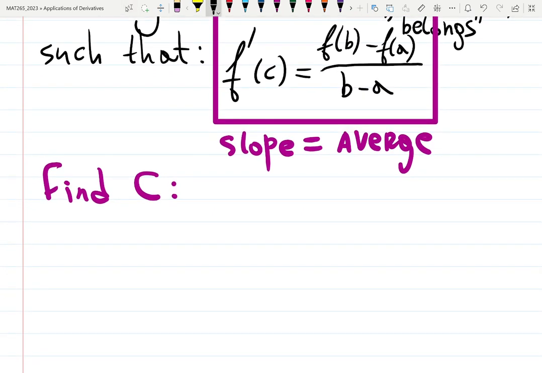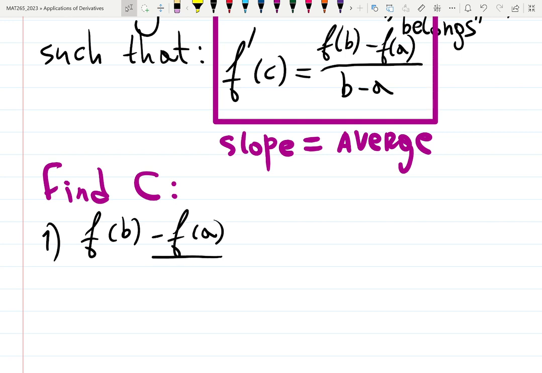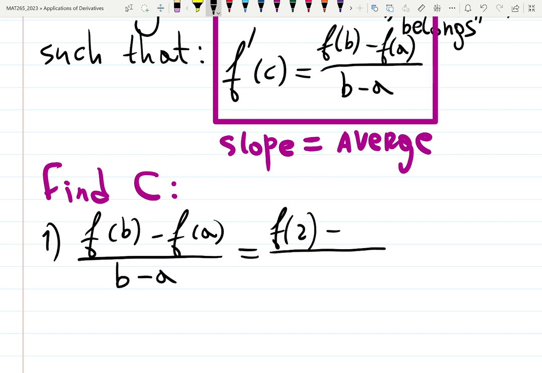And I'll give you steps how to find it. Step 1, find what you can find, and we can find F(B), F(A), B minus A. We're going to do that. F at B minus F at A all over B minus A equals... We can find that. What is B? 2. What is A? 1/2, and 2 minus 1/2.